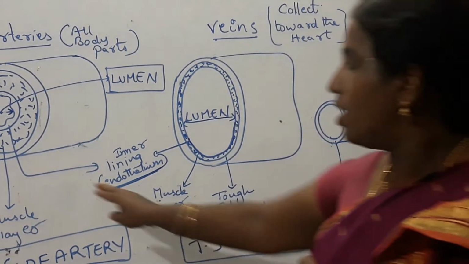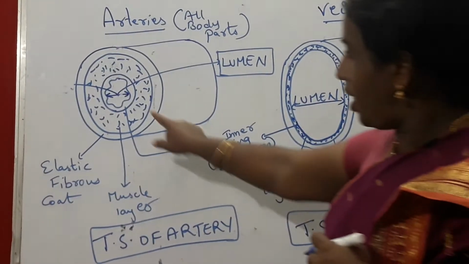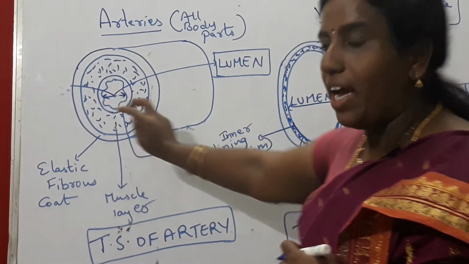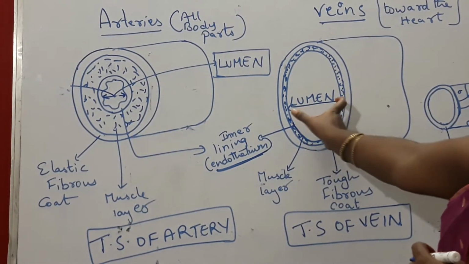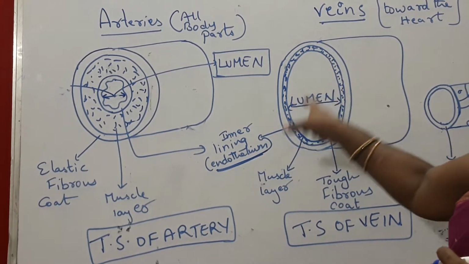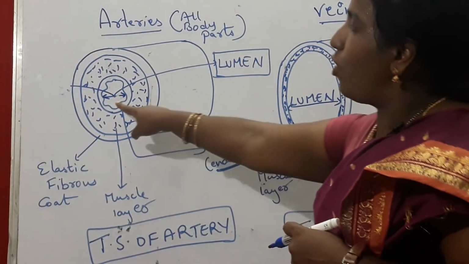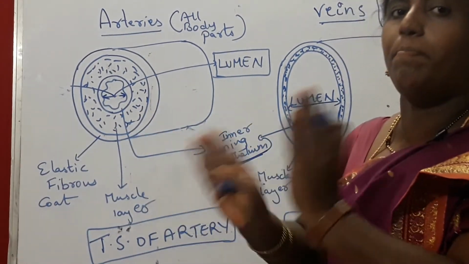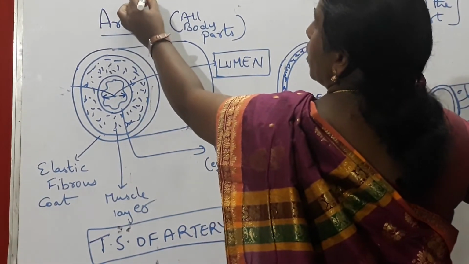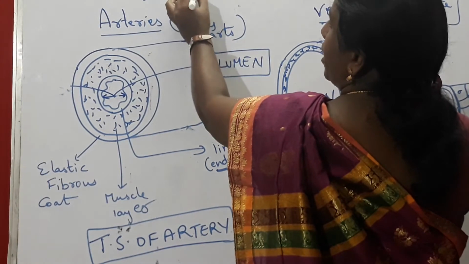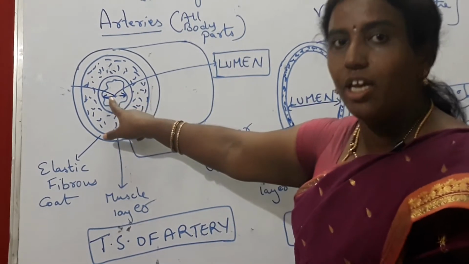Now we can see the difference between the artery and vein. Artery lumen is very small, whereas the vein lumen is very large. You can see it is very huge, meaning the blood flow is more in the vein. Because in arteries the blood flows through a very thin pathway, the pressure is high in arteries because of the presence of a thin lumen.